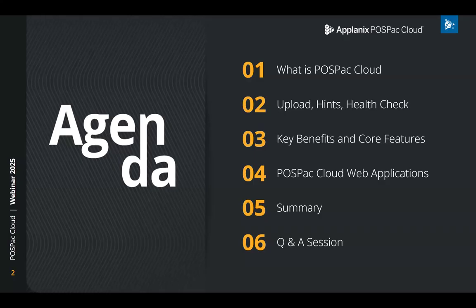Next, we'll explore the key benefits and core features of the platform, highlighting what makes POSPac Cloud efficient, scalable, and easy to integrate into workflows. After that, we'll take a look at the POSPac Cloud web applications, which provide a user-friendly interface for managing your processing tasks. Finally, we'll wrap things up with a brief summary, followed by a Q&A session where we will address your questions live.